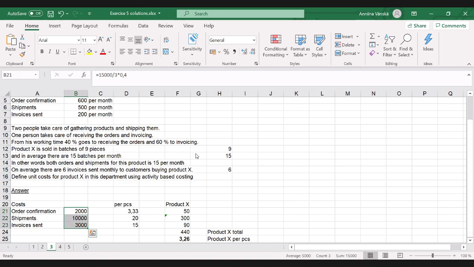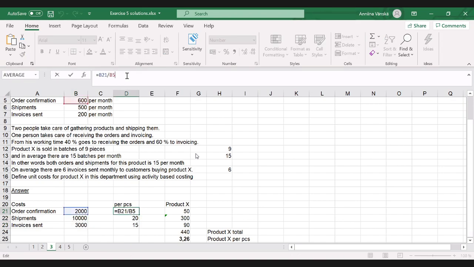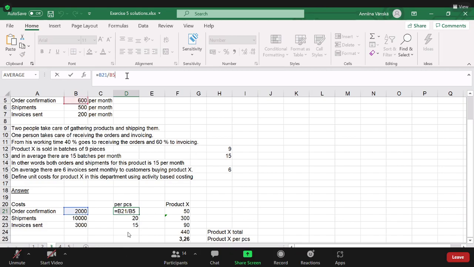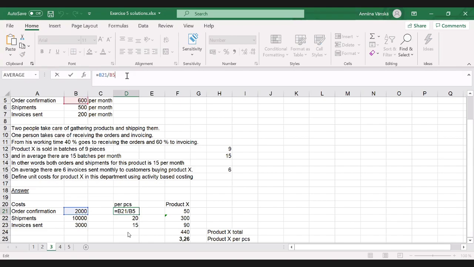And naturally, these together are the 15,000. When we calculate those per order confirmation or per shipment or per invoice, the cost divided by the amount, and then we get those unit prices or price tags, as I sometimes call them.